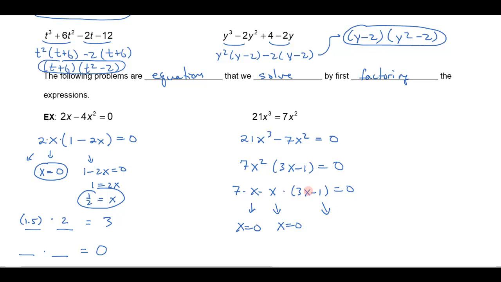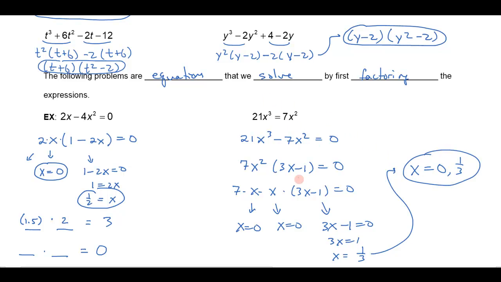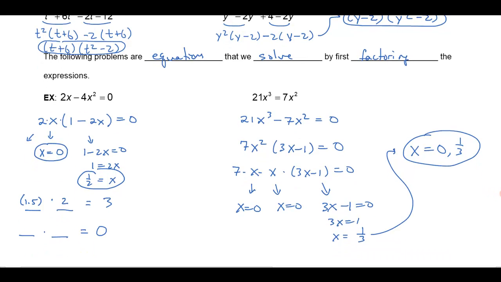And the last thing is I could have that last number, 3x minus 1, equaling 0, and that would mean that x is equal to 1/3. So in this case, my solutions are going to be just x equals 0 and 1/3, and that's the only two possibilities that'll make that equation true. And you can verify that. Go ahead and plug that in if you'd like, and see that it really does work. Okay?